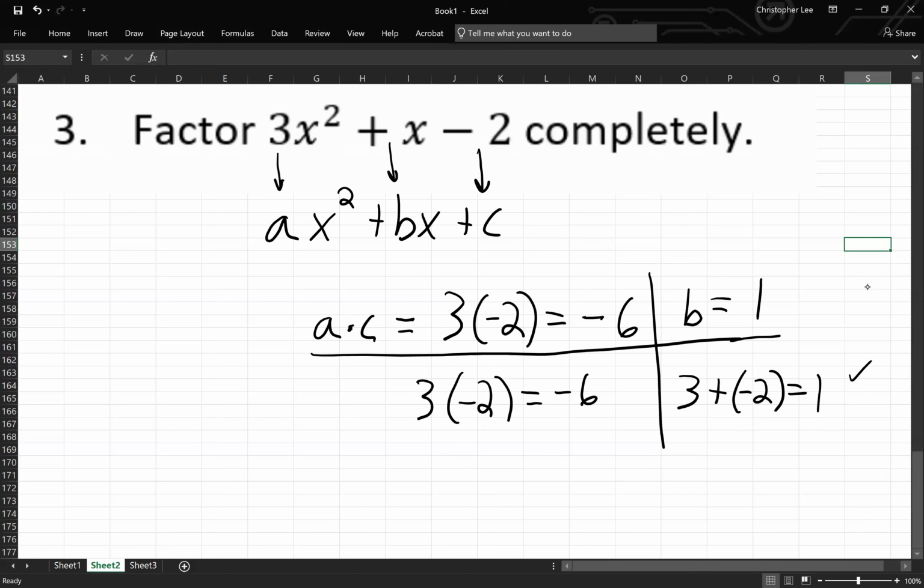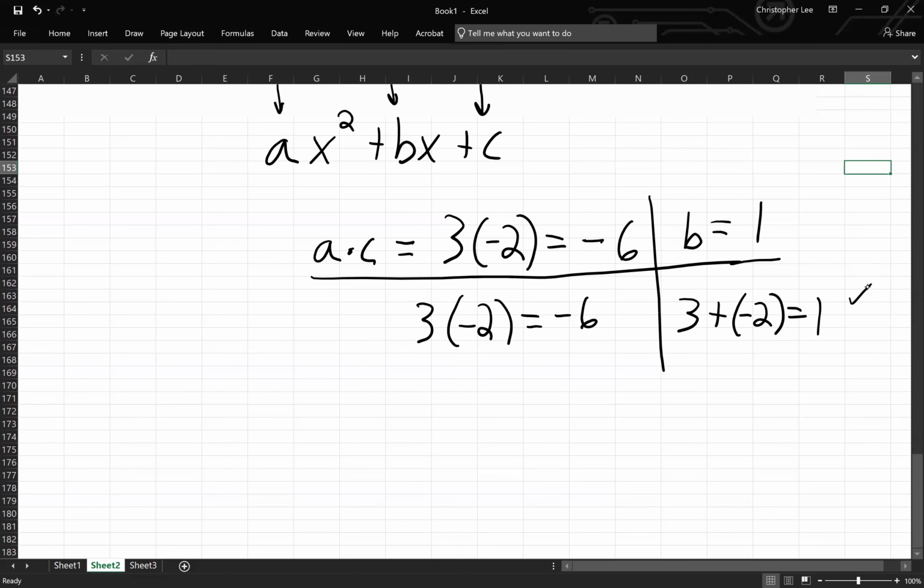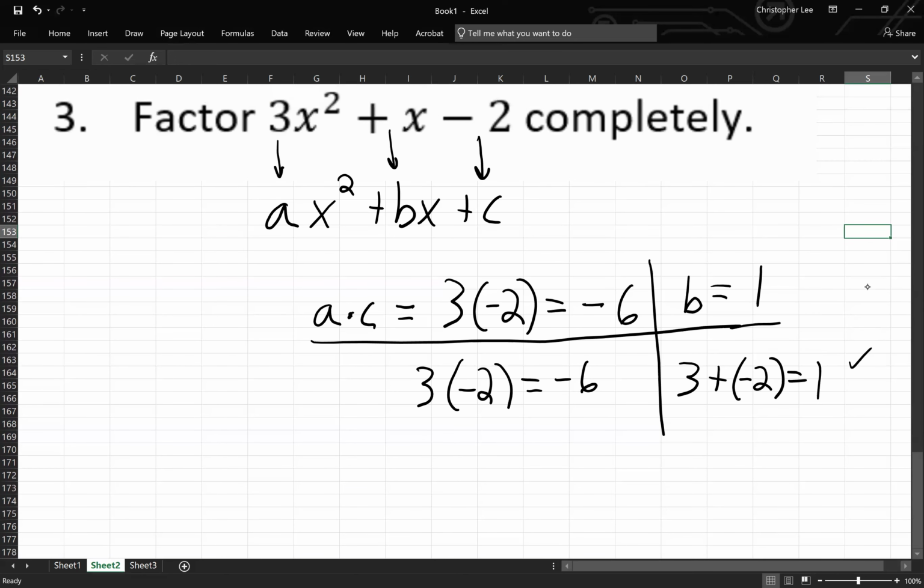All right, very good. So now, what I want to do is rewrite the original expression that I have here, but instead of the B term, I'm going to replace it with the factors that I found. So this is going to be 3x squared plus 3x minus 2x minus 2. Questions on that?